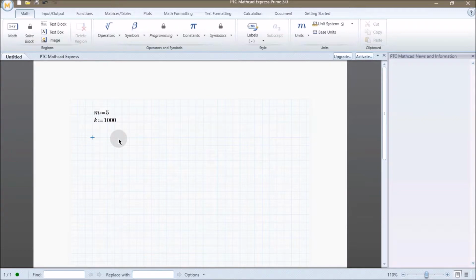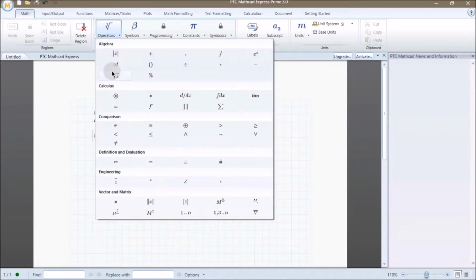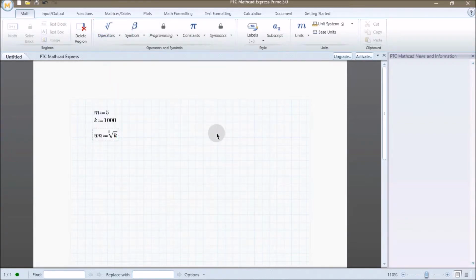So the natural frequency of this system, omega n, will be √(k/m). The natural frequency the software is showing right now is 14.142 radian per second.